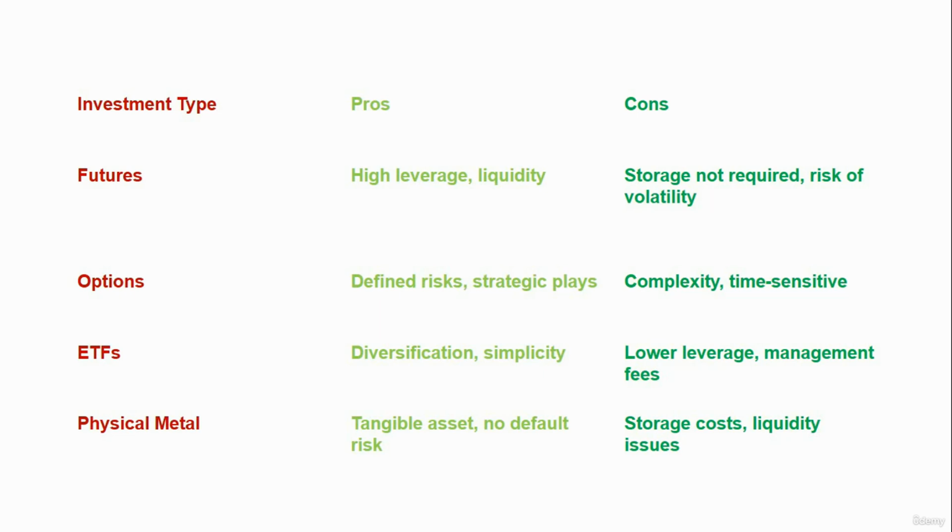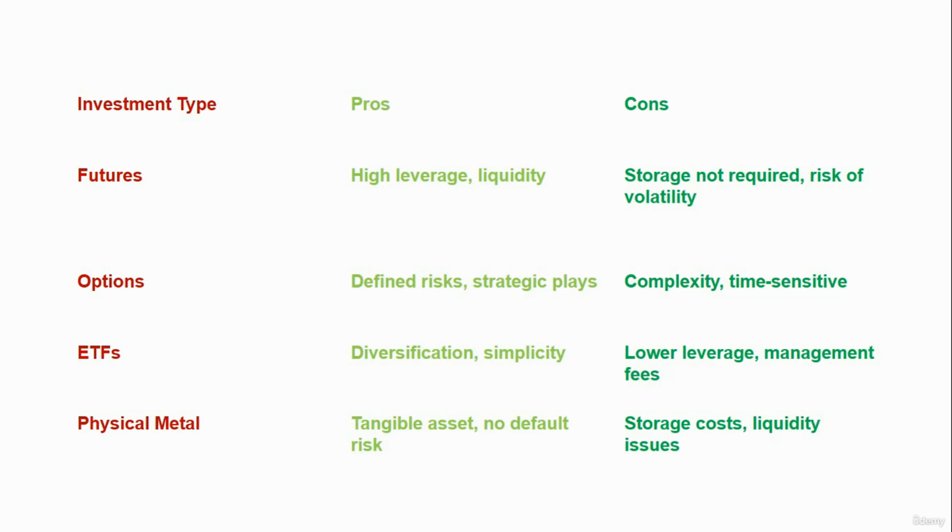So there are pros and cons of investment in the metal. In futures, a trader gets high leverage and liquidity, and storage is not required, and there is always risk due to volatility of price in metal. Options have limited risk, and this has a strategic place, but it is complex and it decays with time expiry.